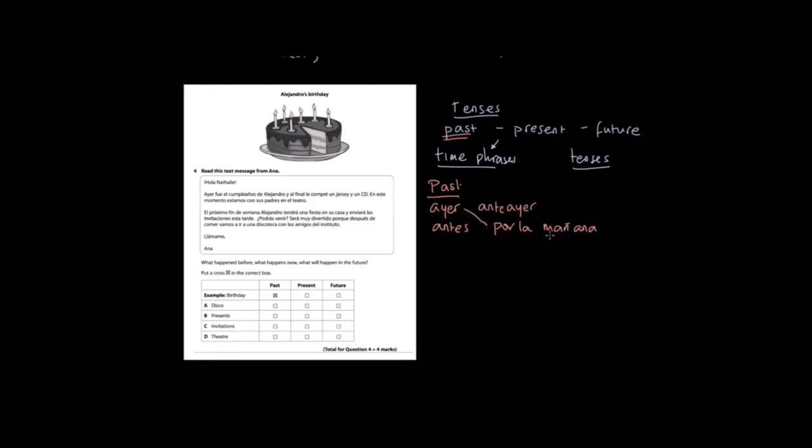Ayer por la mañana, por la tarde, por la noche. I could also, if it was ayer por la noche, come across, of course, the word anoche, last night. I could also come across expressions like el año pasado, last year, or el mes pasado, last month, or la semana pasada, last week.